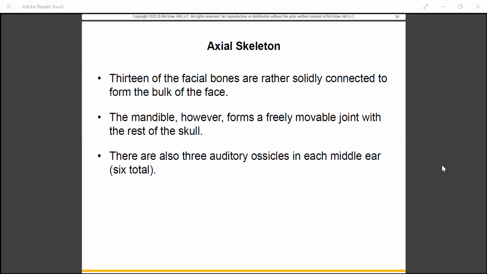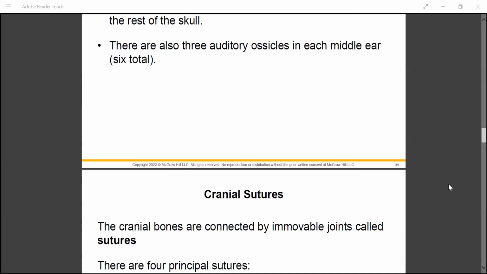Our facial bones don't have a lot of movement, but the jaw itself does. We also have 6 total bones for our ears, 3 for each ear. We won't talk about those much now. We'll have a chapter specific to the senses, and so we have bones involved in generating sound and interpreting sound.